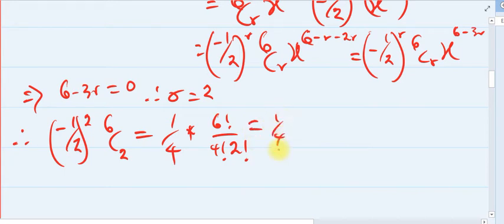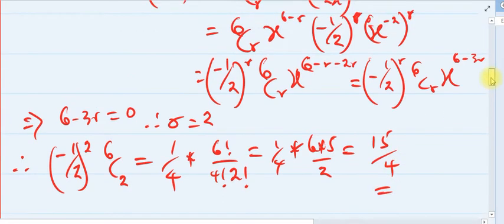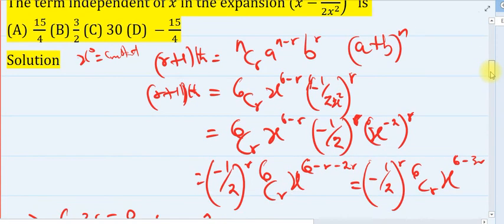That is 1 over 4 times 6 times 5 times 4 factorial over 4 factorial times 2. So our answer is 15 over 4. So the answer is A.